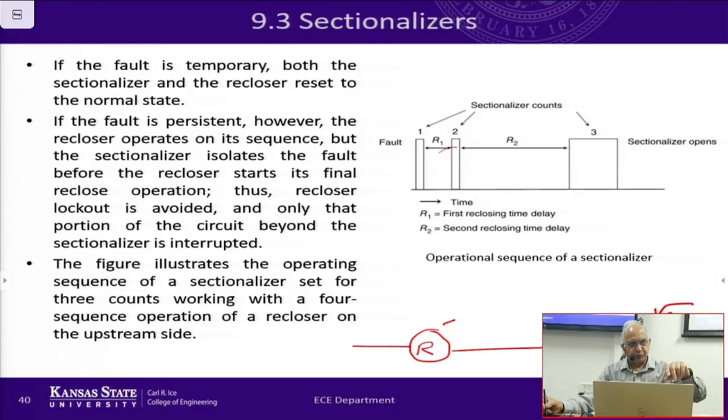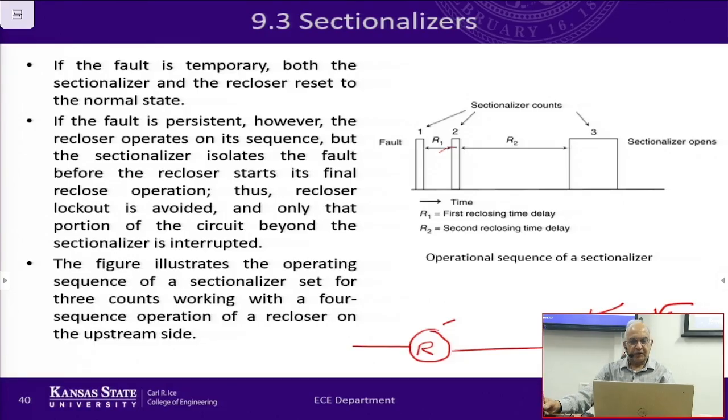Then it's supposed to close one more time, but this sectionalizer is counting, and the 3rd time it opens, in the meantime, before the recloser closes, the sectionalizer will open. Then the recloser will close, and it will not see a fault at that point because the faulted section has been removed. That's how the sectionalizer works.